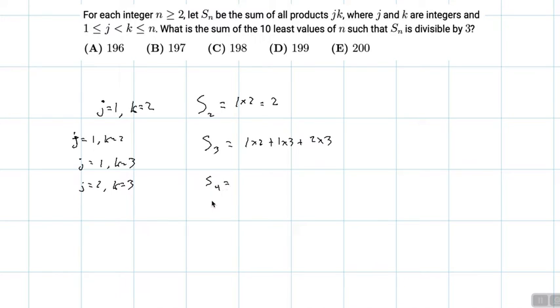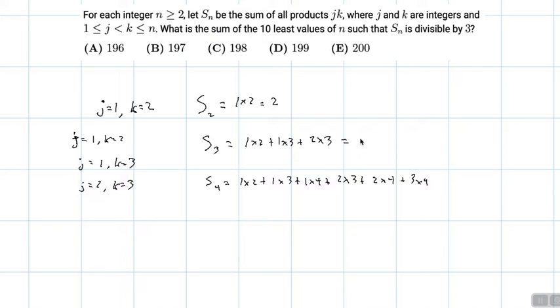And one more, looking at S sub 4, that would be 1 times 2 plus 1 times 3 plus 1 times 4 plus 2 times 3 plus 2 times 4 plus 3 times 4.